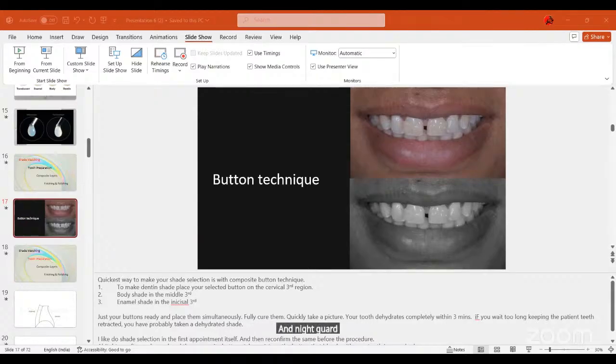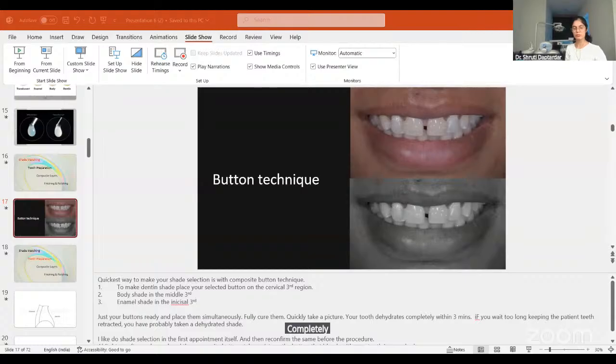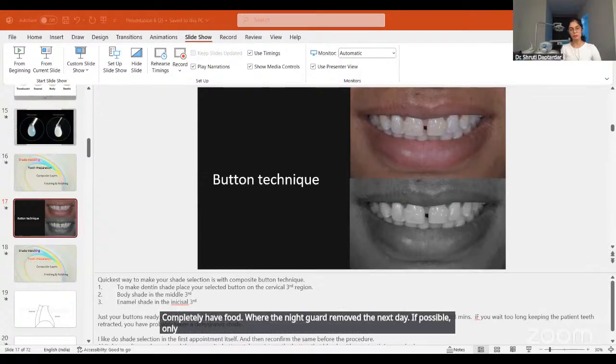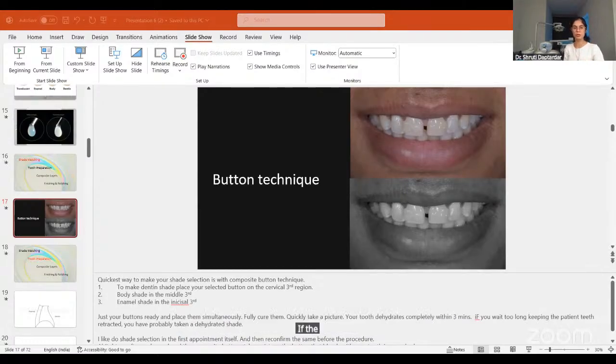Wearing time for adult patient? Completely. Have food, wear the night guard, remove it the next day. If the patient is a known bruxer or grinder or clencher, only remove it while eating or drinking.